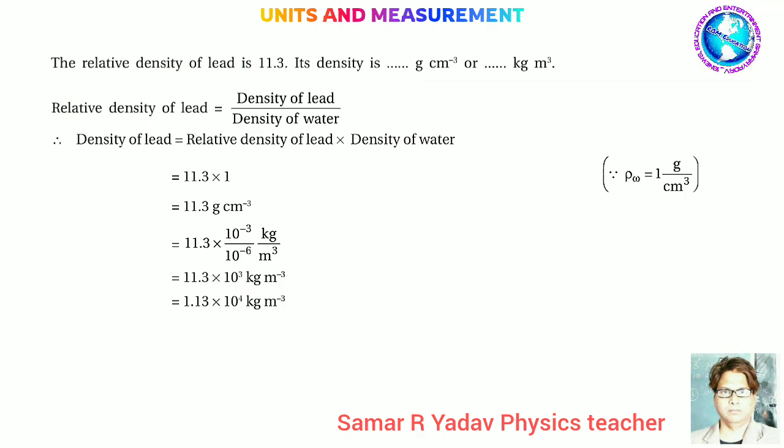So density of lead is equal to relative density of lead into density of water, which is 11.3 into 1, equal to 11.3 gram per centimeter cube. This is 11.3 into 10 to the power minus 3 upon 10 to the power minus 6 kilogram per meter cube, which is 11.3 into 10 to the power 3 kilogram per meter cube, equal to 1.13 into 10 to the power 4 kilogram per meter cube.